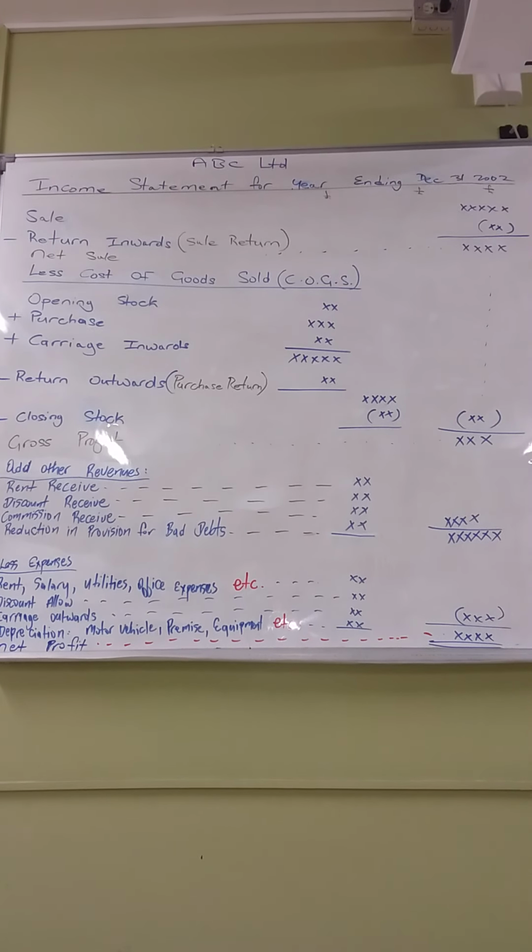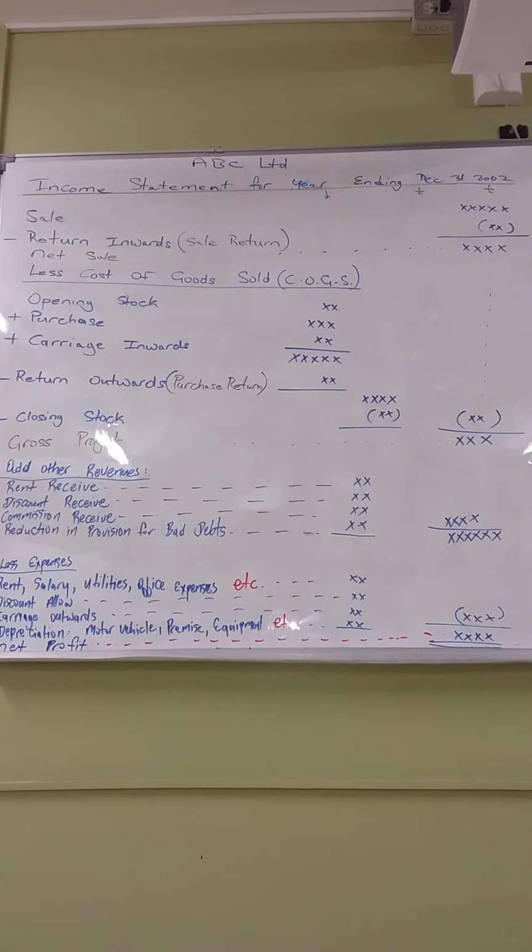For this section, we're starting with our opening stock. Your opening stock refers to what you had at the start of the period, any goods that you had from last year.